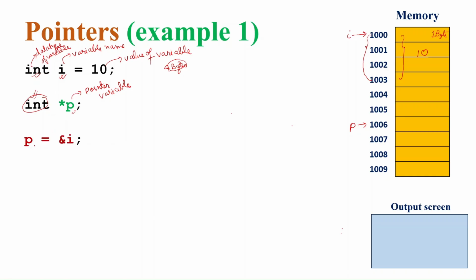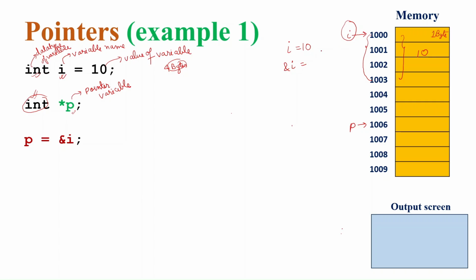The next line is p is equal to address of i. When we say just i, that means the value of the variable. But when we say address of i, i is occupying 4 cells in memory, so the address should be 4 cells.